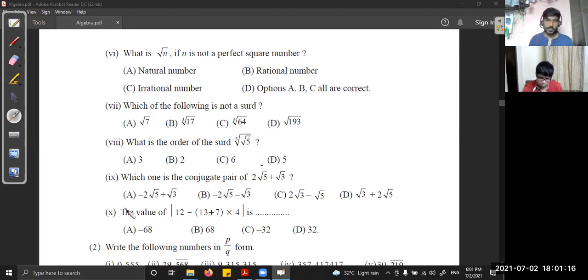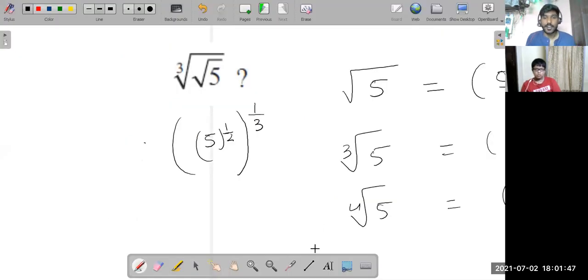Wait one minute. I think there is some mistake in this. I forgot the law of indices here. Base is same, so the powers get multiplied.